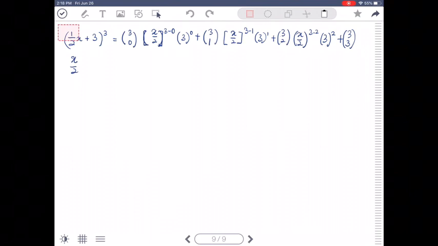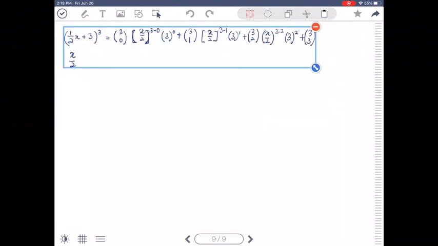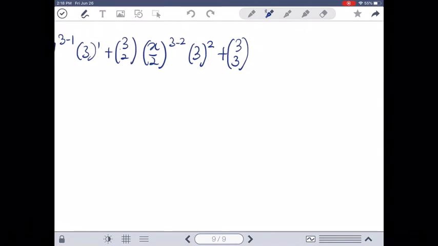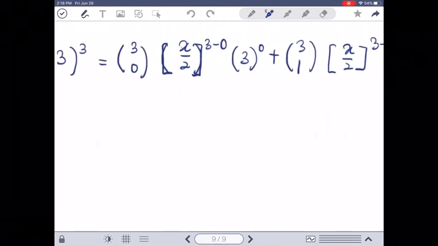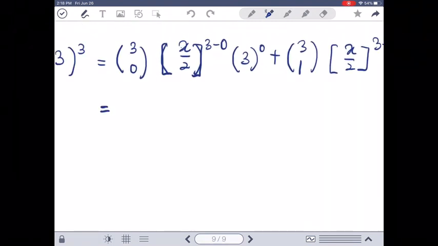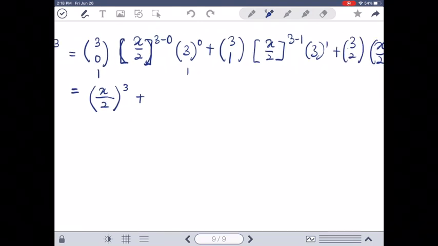Okay, let me shrink this a bit so we are going to have some space. So 3C3, (x over 2) to the power of 3 minus 3, and then 3 to the power of 3. Okay, simplify things. So this is equal to 1, and that one also equals 1. So we will have (x over 2) to the power of 3, plus 3C1, which is just 3.